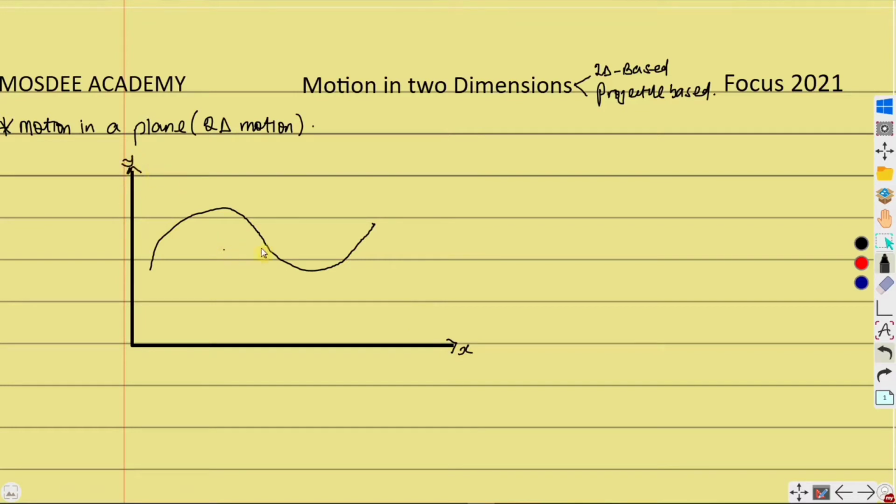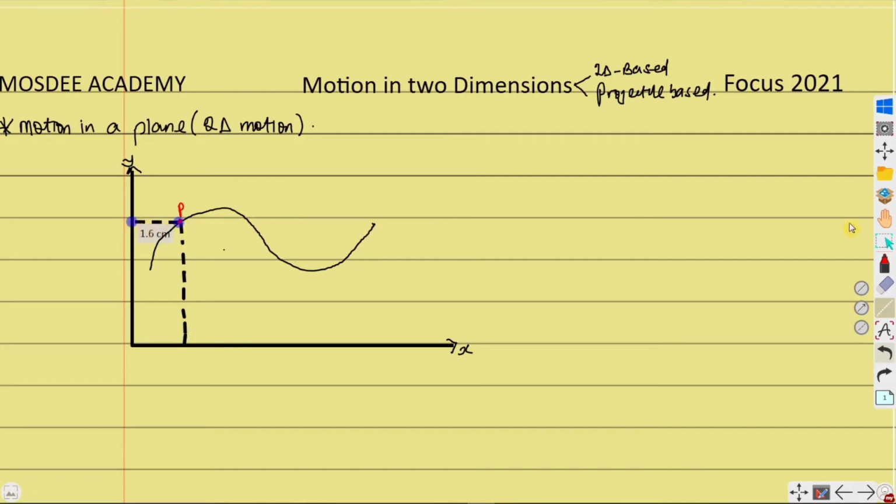So we can classify the motion of the body at a particular point in time in two ways. Let's call this point P. At that point P, we can conclude that the motion of the body has two parameters: one across the x-axis, the x value, and the other, the y value.